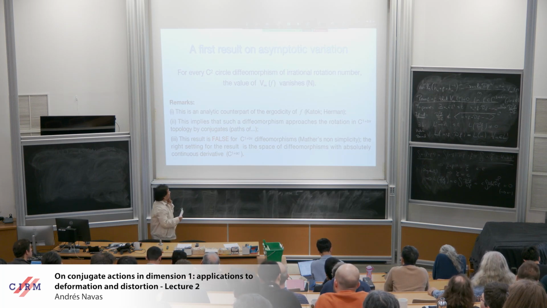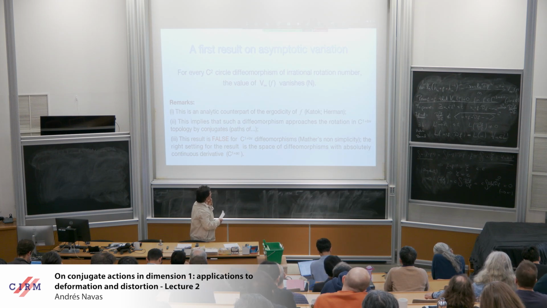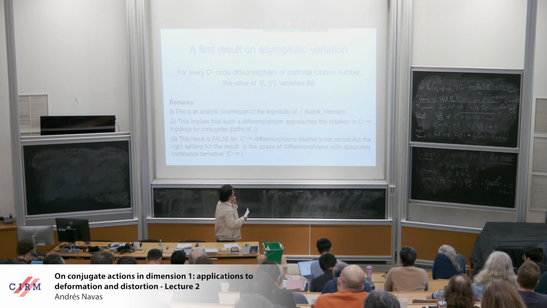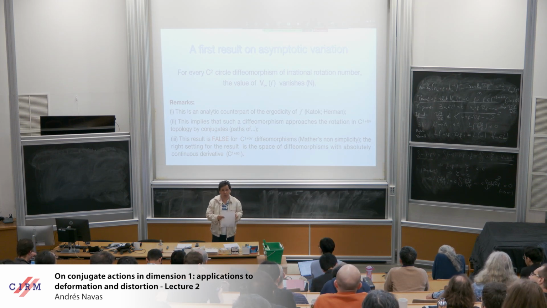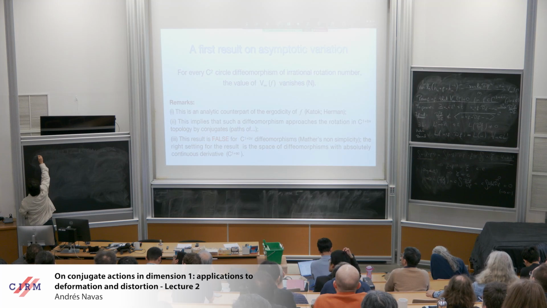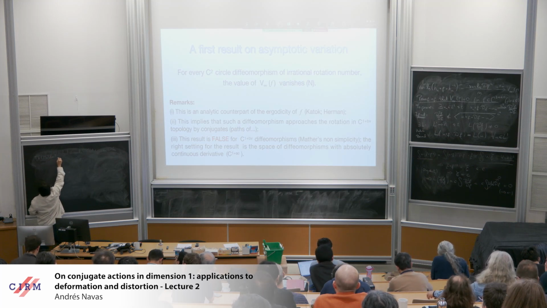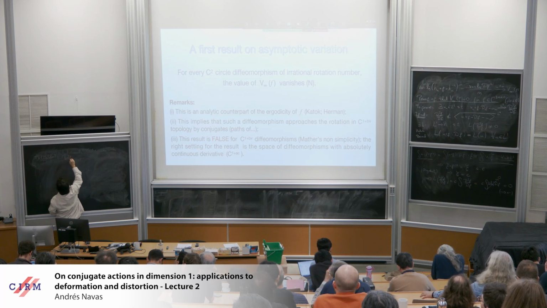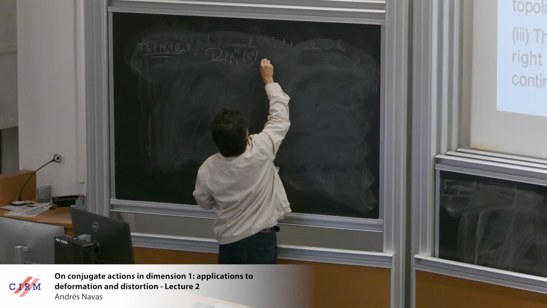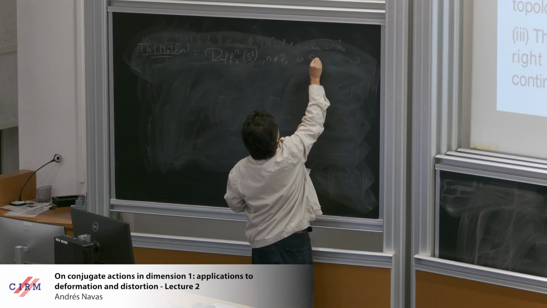Okay, so as was mentioned by Takashi yesterday, John Mather proved that many groups of diffeomorphisms are simple. In particular, he proved that the group of diffeomorphisms of the circle in any regularity different from 2 is simple.